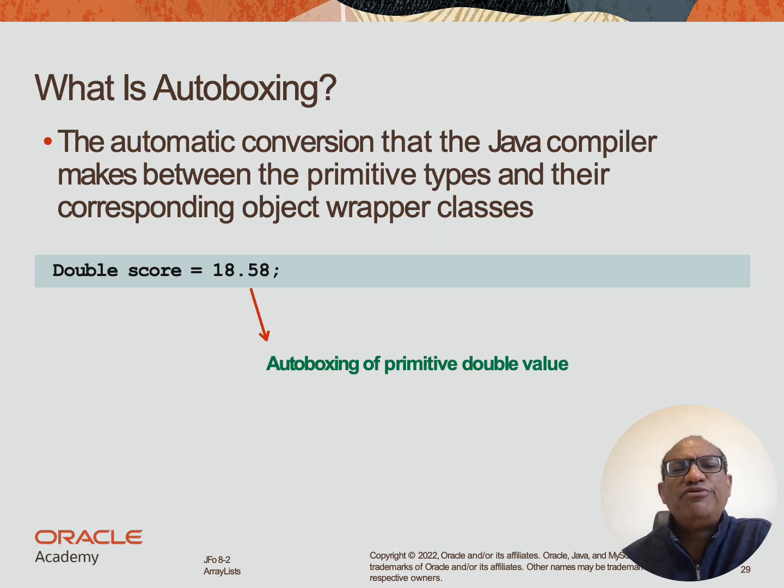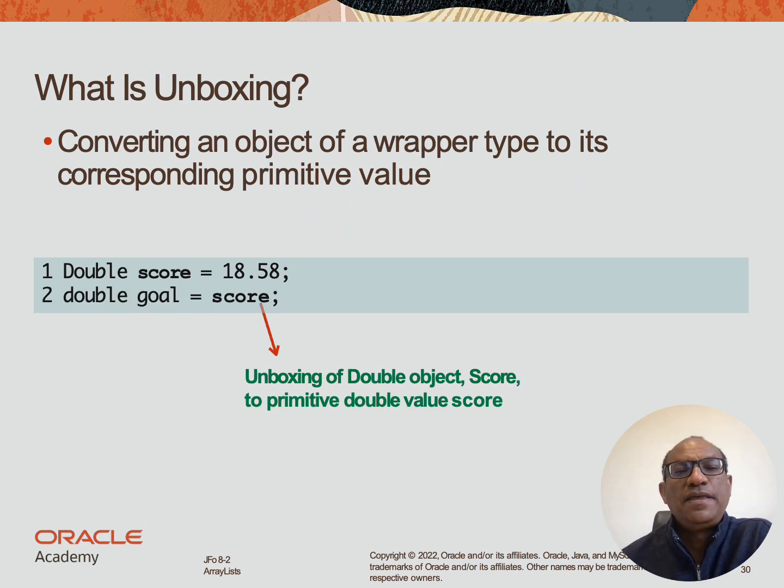Autoboxing is automatic conversion from primitive to object, like Double, capital D, score = 18.58. Unboxing is the reverse: double, lowercase d, goal = score. Java does this behind the scenes, so you don't have to.